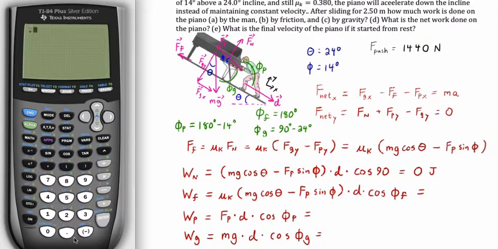So it's going to be 0.38 multiplied by 365, and then times 9.8, to turn that mass into a weight. And then we've got cosine of 24 degrees. Close those, and then subtract the pushing force that we solved for.